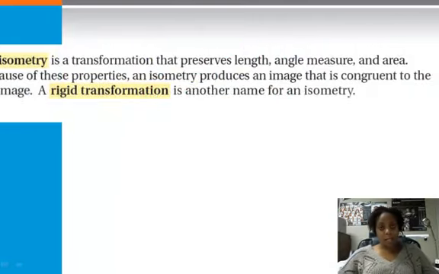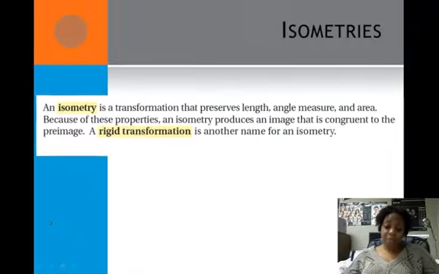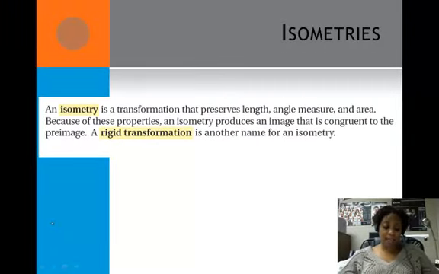Now an isometry, another vocabulary word, is just a transformation that preserves the length, the angle measures, and the area of the original figure. So it does not change the size at all. So an isometry has the same exact shape, the same exact look, but it may just change the position. A rigid transformation is another name for an isometry.